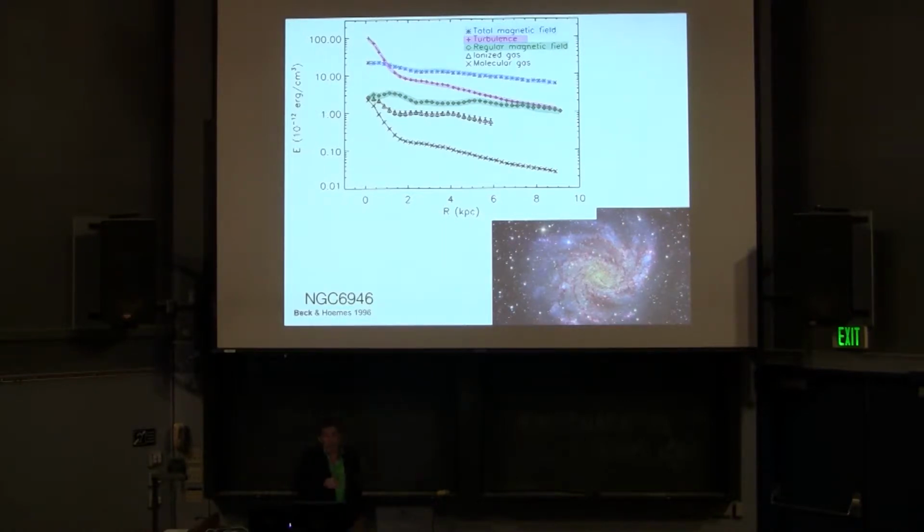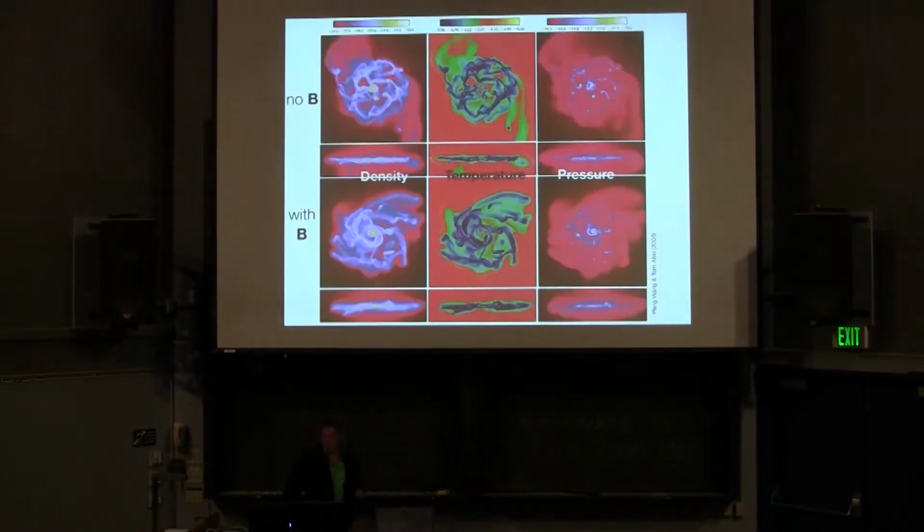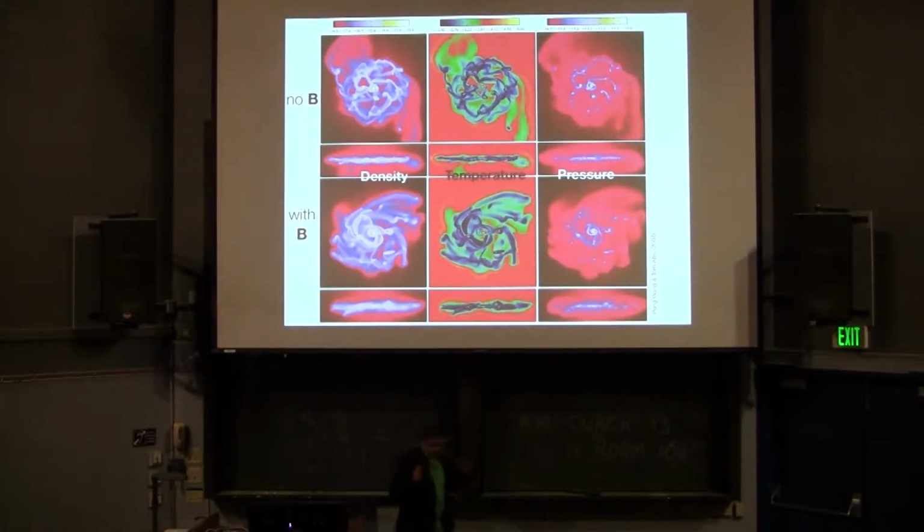So motivated by this, we said, okay, let's do some super simple numerical experiments. We took our adaptive mesh refinement code Enzo, implemented a way to solve the ideal MHD equations, and then just did the simplest conceivable experiment that we could think of. So we have a static potential, an NFW halo, so just a dark matter halo, a ball of dark matter of 10^10 solar masses.